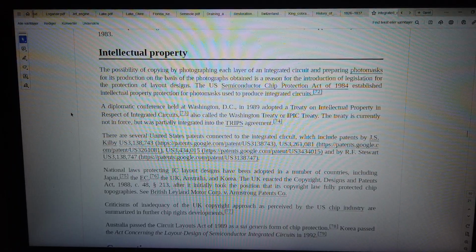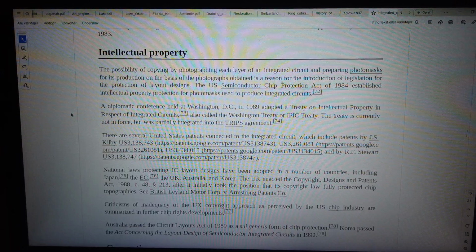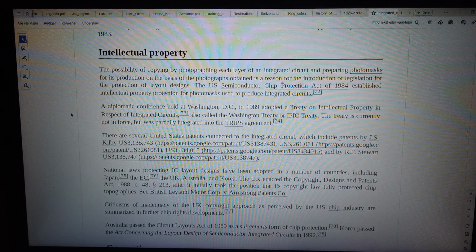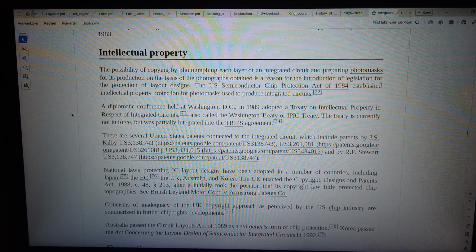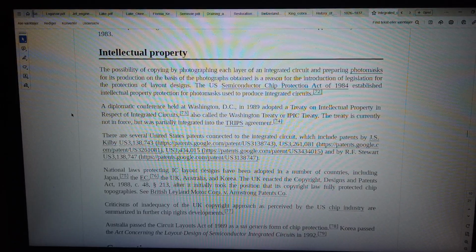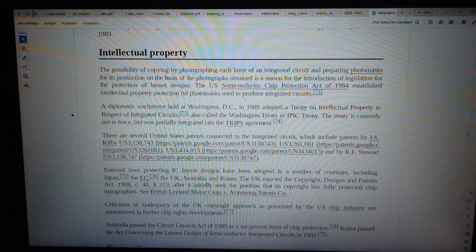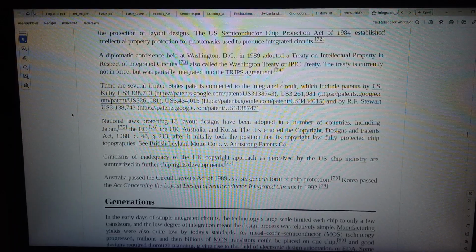A diplomatic conference held at Washington, D.C., in 1989 adopted a treaty on intellectual property in respect of integrated circuits, also called the Washington Treaty or IPIC Treaty. The treaty is currently not in force, but was partially integrated into the TRIPS agreement.